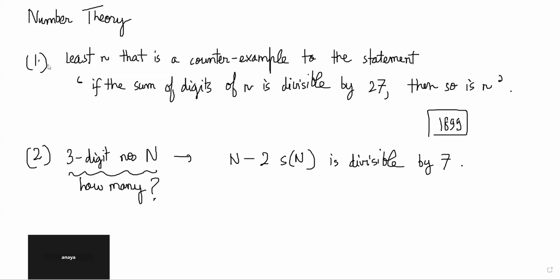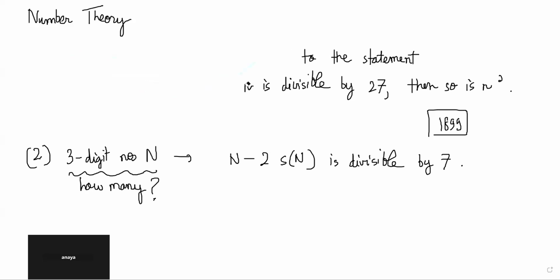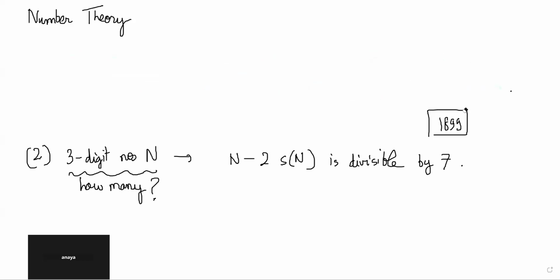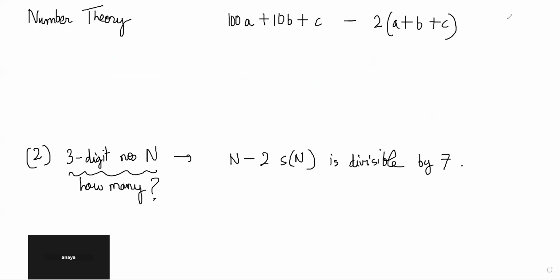Okay, so what have you tried here? So I said let's say n is a number abc. Then 100a plus 10b plus c minus twice of a plus b plus c is going to be 7x because it's a multiple of 7. So then you get that 98a plus 8b minus c is a multiple of 7.